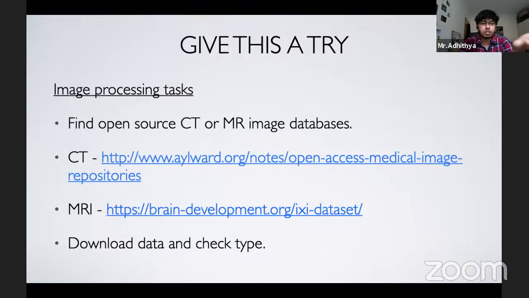I think the slides can be shared with your professor, and you can check out the links to download open source CT data, for example, from the link I provided here. This is just one link, but there are several open source databases. You can download CT data, sinograms, and MR data, which are case-based or sometimes directly images.